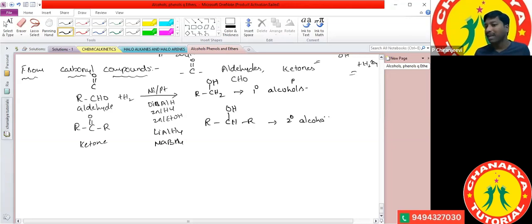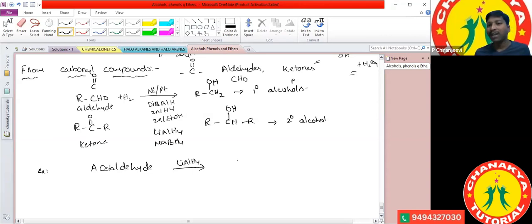Sometimes they ask a question. What is the question here? For example, acetaldehyde undergoes the reduction reaction in the presence of lithium aluminium hydride. The product is either primary alcohol, secondary alcohol, tertiary alcohol, or none of these.